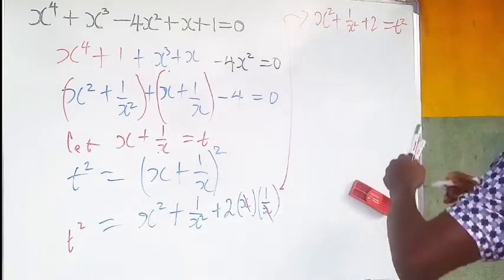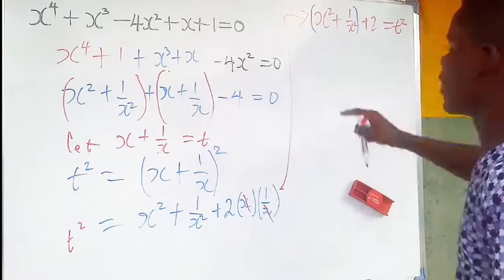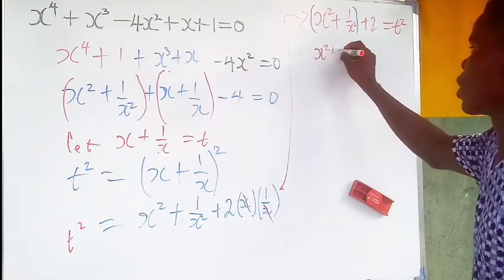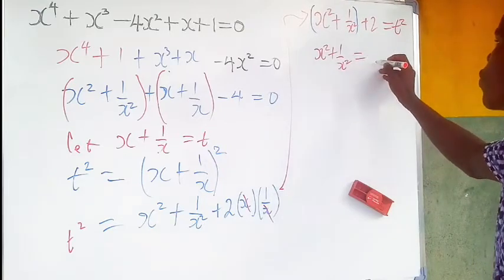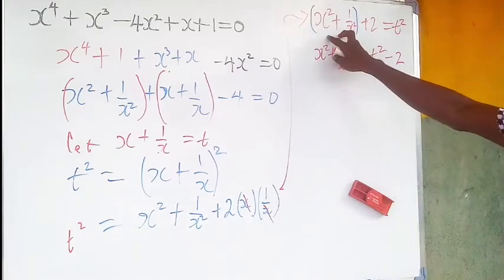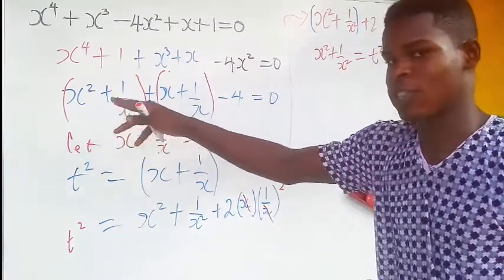So you can observe that x plus 1 over x, squared, is equal to x squared plus 1 over x squared plus 2, which means x squared plus 1 over x squared is t squared minus 2. So it's not just t squared.